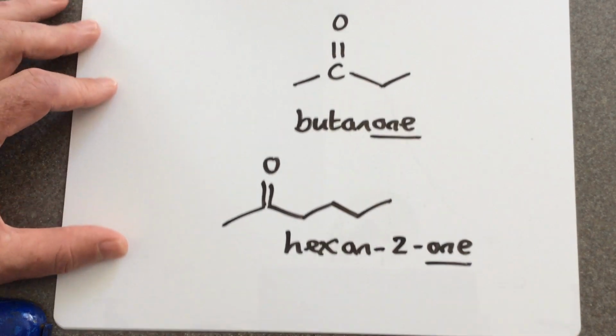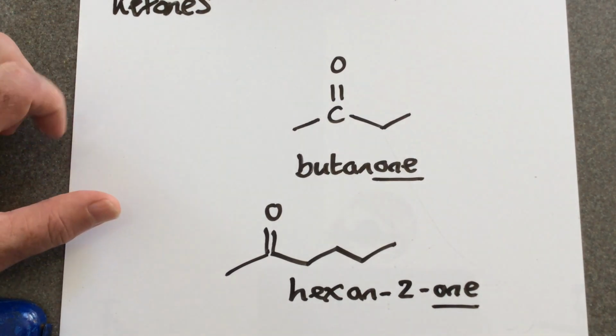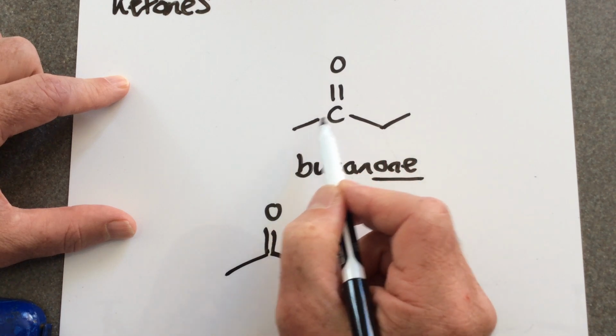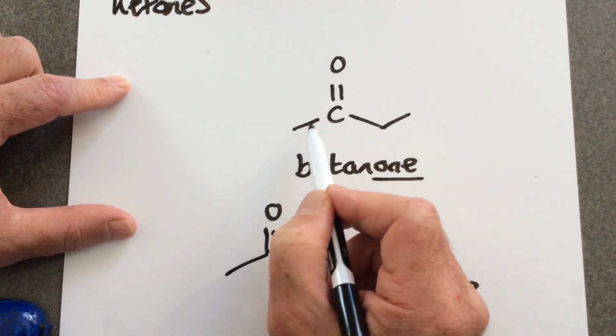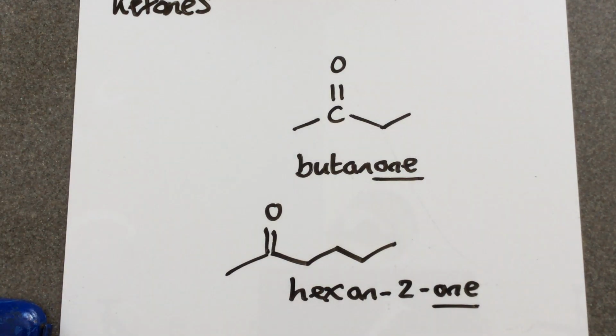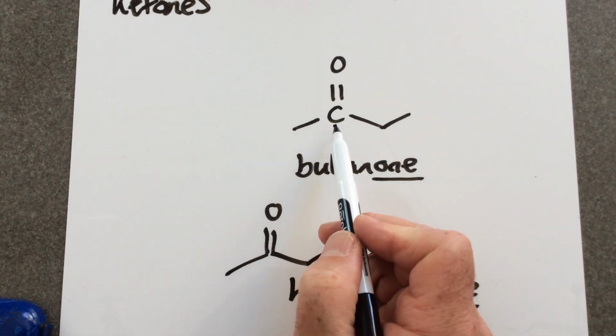When we look at the bonding in aldehydes and ketones, we can see that this carbon is bonded to 3 other atoms. And that's true for aldehydes and ketones. Pause the video and have a think about what the bond angle and what the shape around this carbon atom will be.